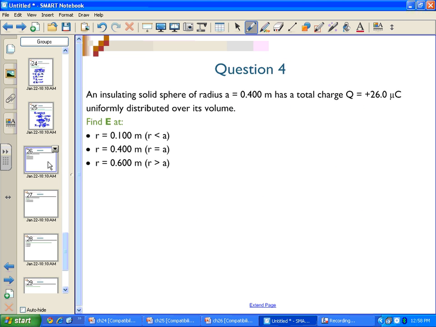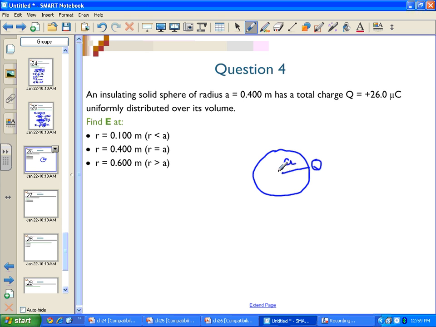Next question. Here we're told that there is an insulating solid sphere of radius A with a total charge Q, which is positive. And we're asked to determine the electric field at certain locations.